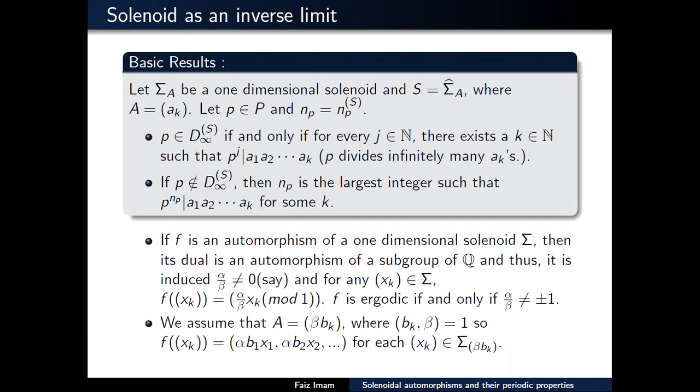This helps us pull out the beta from the denominator, and everything goes to the numerator. As you can see, f of xk changes to alpha beta 1 x1, alpha beta 2 x2 for each xk, but the solenoid is the same and the sequence changes to beta times bk's.